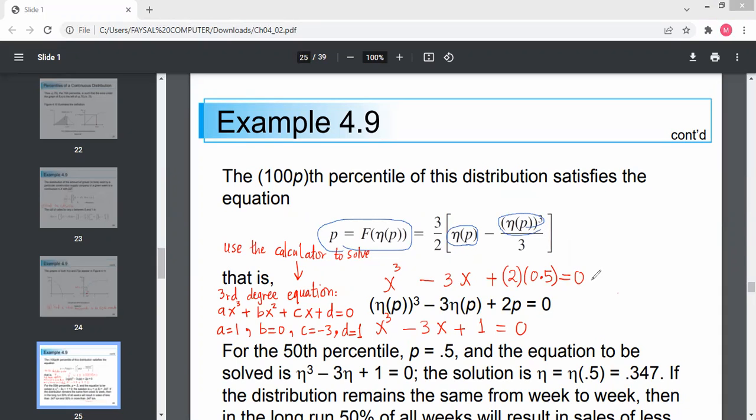So how to find it? Basically, we have to use the calculator to solve it. That is a third degree equation. The third degree equation, I will write as x cube minus 3x plus 2 into 0.5.